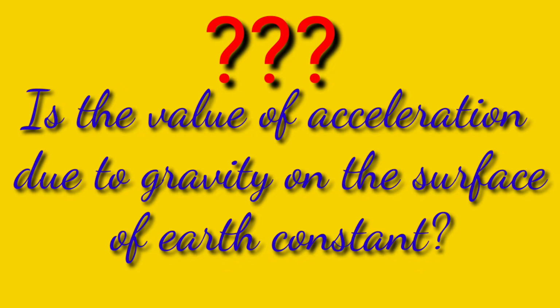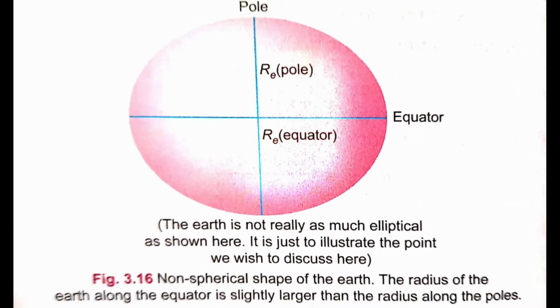Is the value of acceleration due to gravity on the surface of Earth constant? Let us find the answer to this question. The Earth is not a perfect sphere, so its radius is not the same everywhere. The radius of the Earth along the equator is about 10.5 km longer than that in the polar direction. Therefore, the value of g on Earth is maximum at the poles and minimum at the equator.